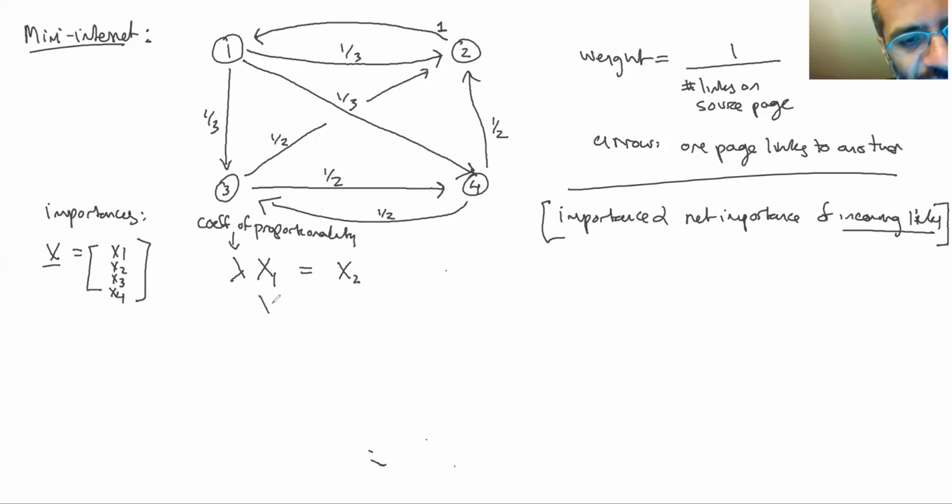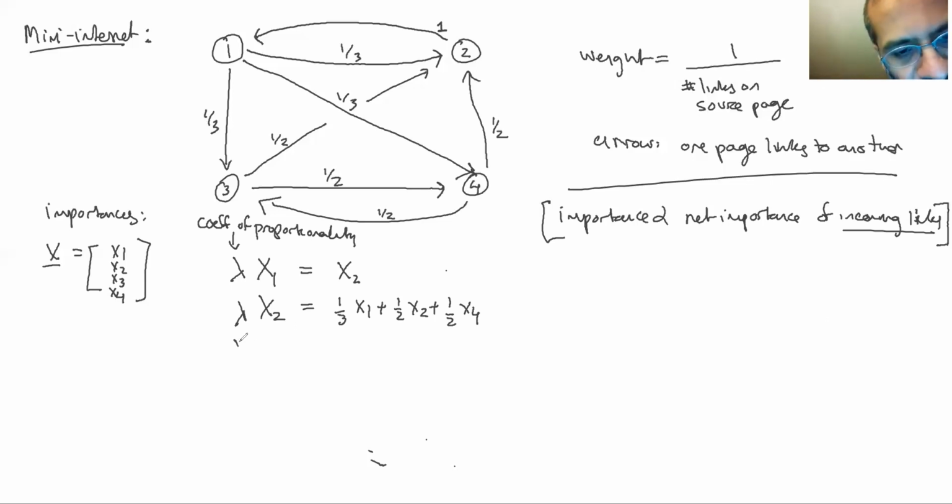And similarly, let's look at x2. It has 3 incoming links, one from each of the other 3 nodes. So this should be a third times x1 plus a half times x3 plus a half times x4, and again, only proportional, not literally equal.